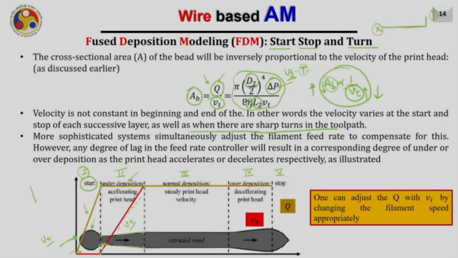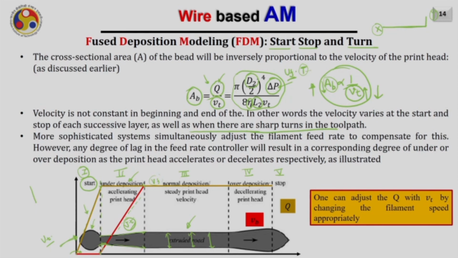Then after that, the velocity of the traverse and the velocity of the wire into the melt pool are both constant, and you will get steady printing, and the shape of the bead will not change much. The cross section will remain constant everywhere. Now similar issues will occur during the deceleration.